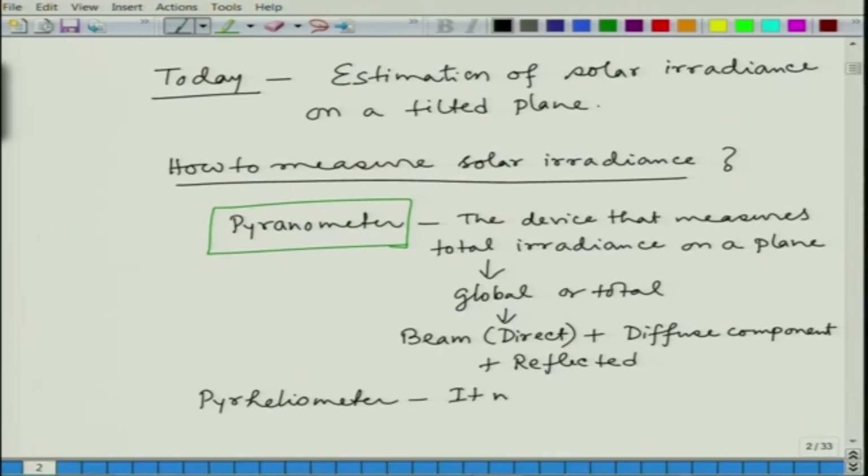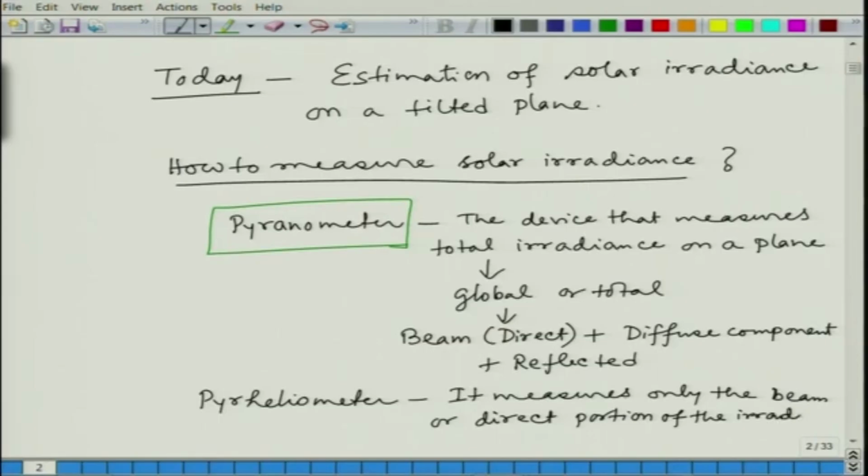It measures only the beam or direct portion of the irradiance. Okay. So, pyrheliometer, please remember that whatever value it gives, it only gives the direct or beam part of the total irradiance.